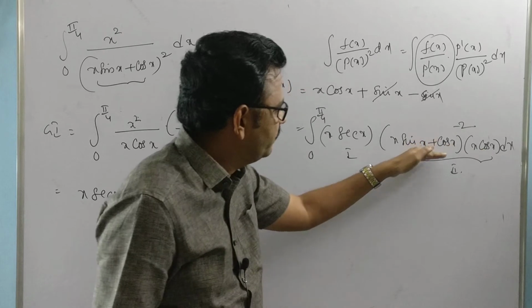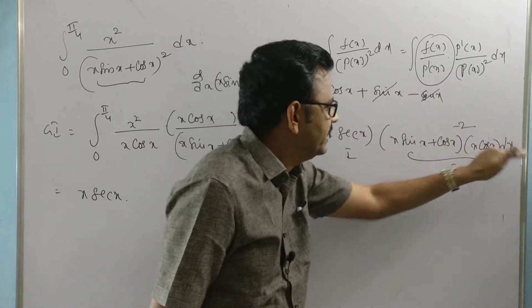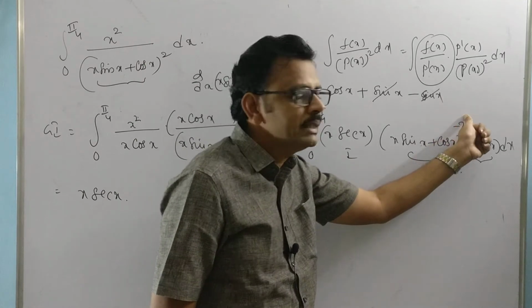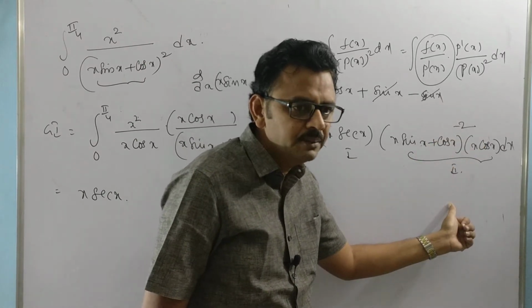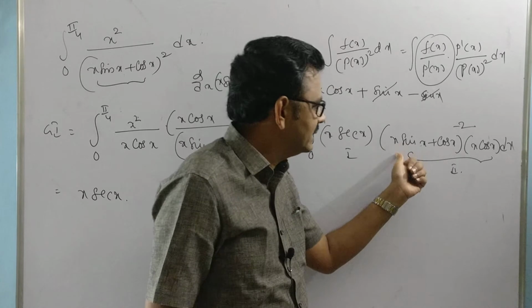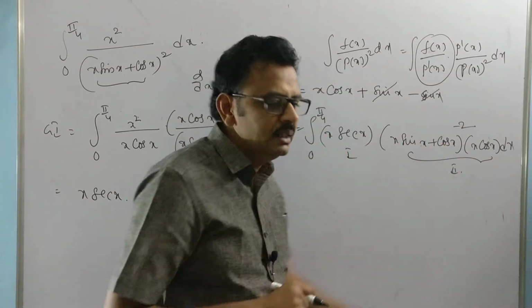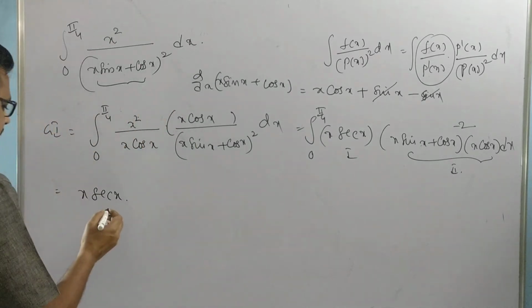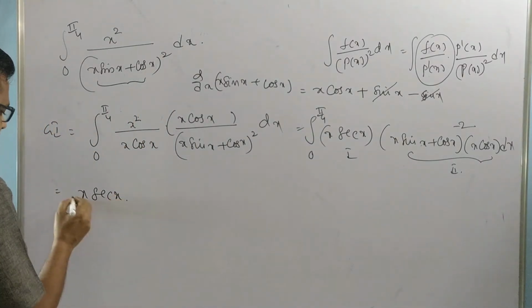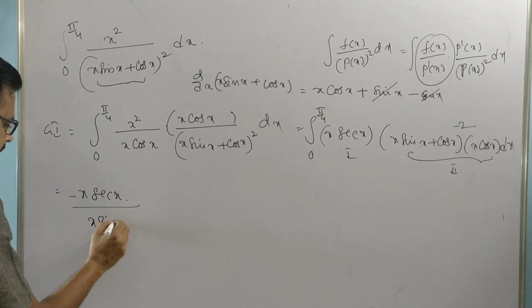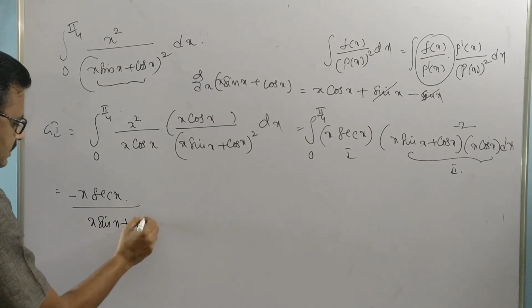This is f of x whole power n into f dash x form, which is f of x whole power n plus 1 by n plus 1. That is x sin x plus cos x whole power minus 1 by minus 1, so I can write directly: minus 1 by x sin x plus cos x.